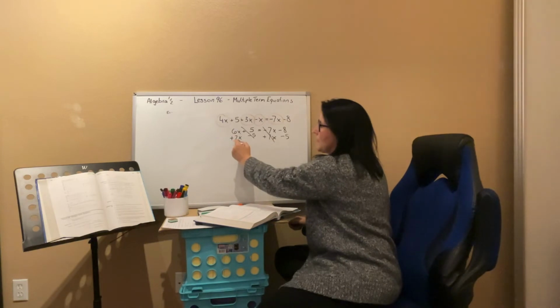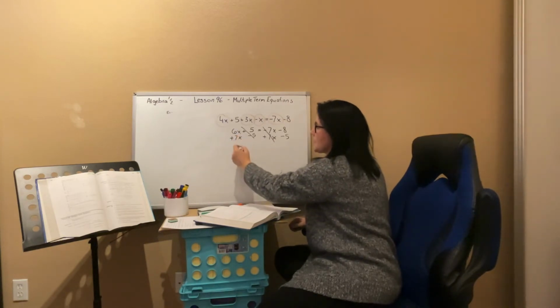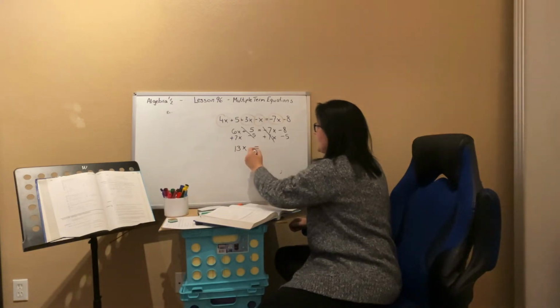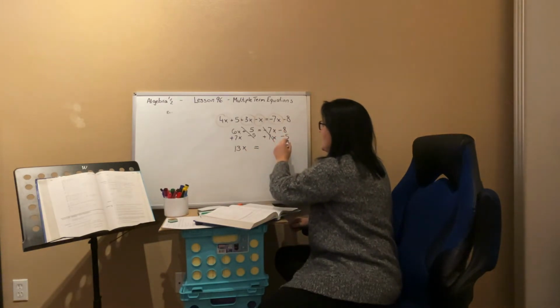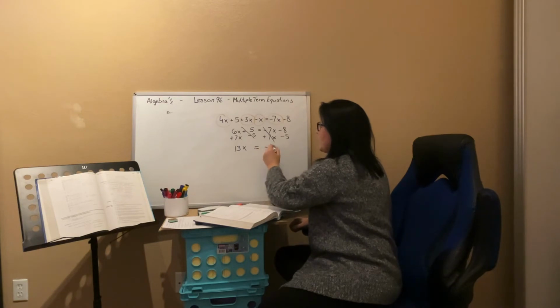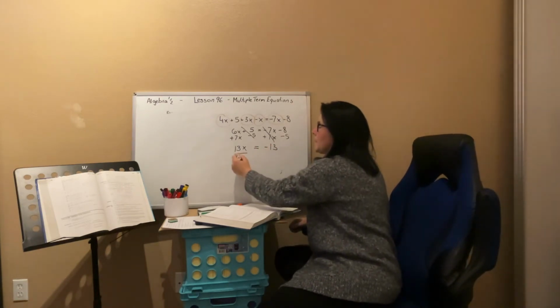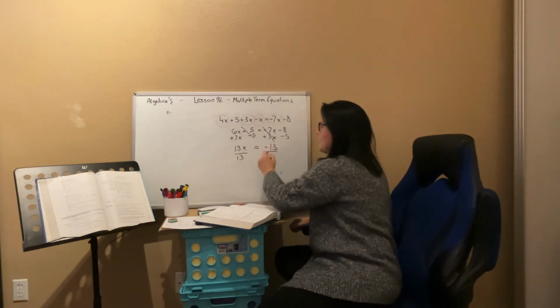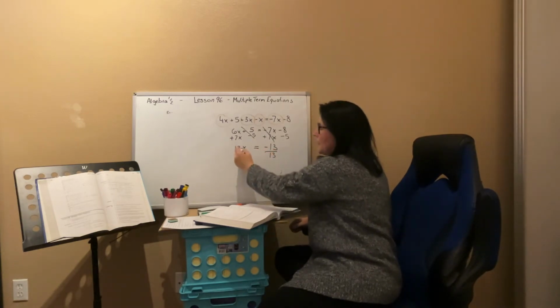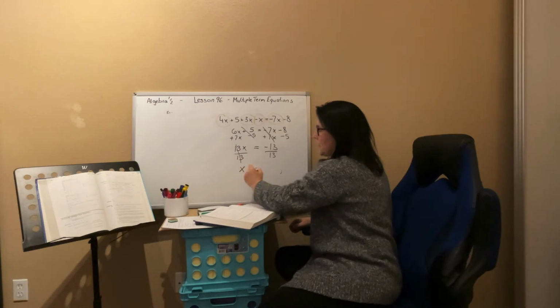6x plus 7x makes it 13x equals minus 8 minus 5 makes it negative 13. Now we're going to divide by 13 to get rid of that one. Divide by 13. Anything that's left on this side is x.